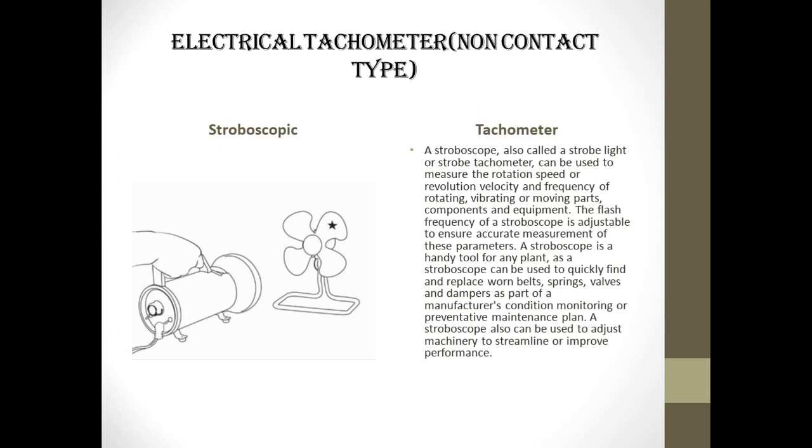Number 2, it requires no special attachment with the shaft. Number 3, this method is particularly useful where it is inconvenient or impossible to make contact with the shaft. Number 4, it is very convenient to use a stroboscope for a spot check on machinery speed and for laboratory work.